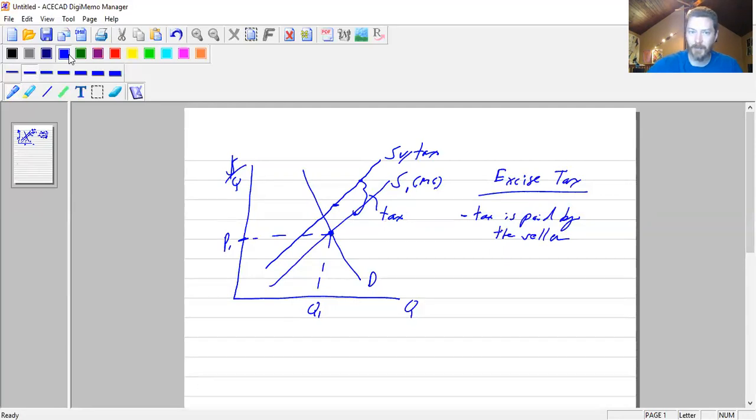So we started out here at point A. Now we wind up at point B once the market reaches a new equilibrium, once supply has shifted. This becomes our new price, and this becomes our new quantity. So the market price rises, and the market equilibrium quantity falls as a result of the tax.